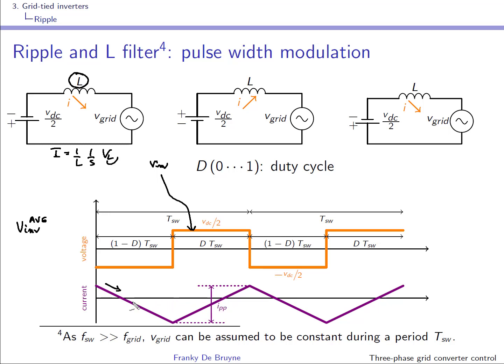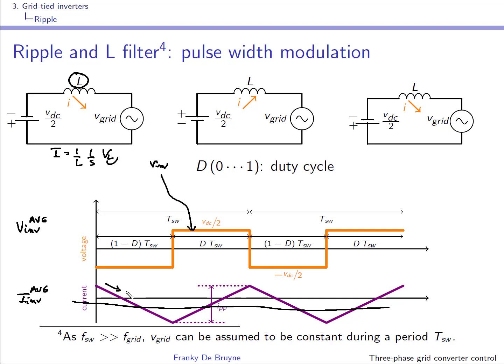So you can see the current waveform that you will have. Again here on a period T switch, your current will take an average value.